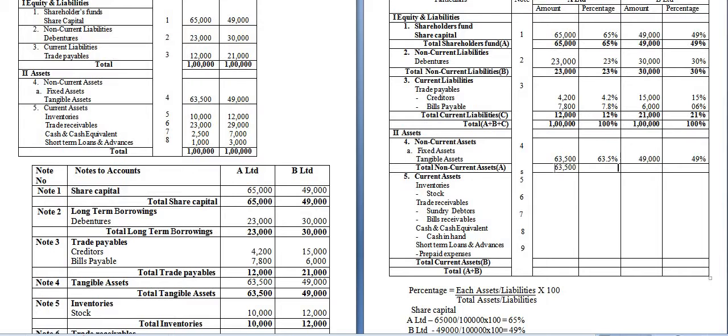Okay, and the percentage is 63.5%. Okay, next one 49,000, and the percentage is 49%.